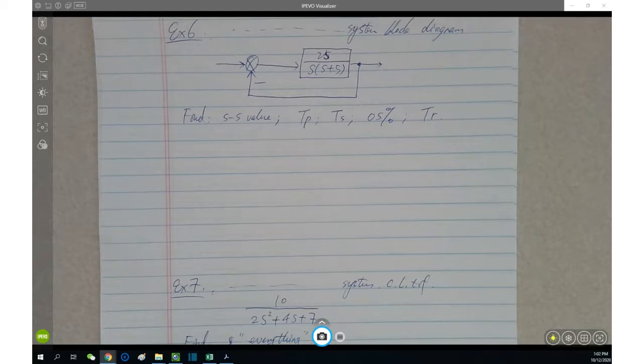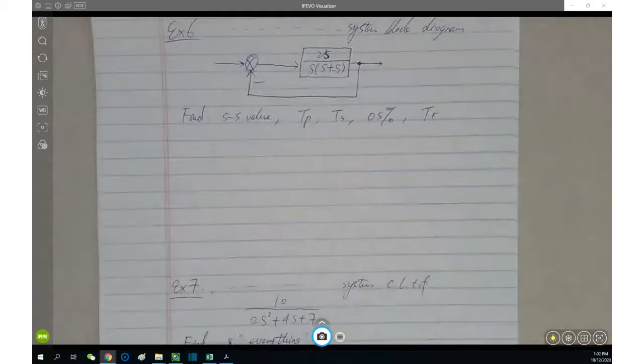For example 6, if you haven't done this yet, given a problem like this, what do you need to do first? Anyone recall what we have learned? Block algebra, very good.